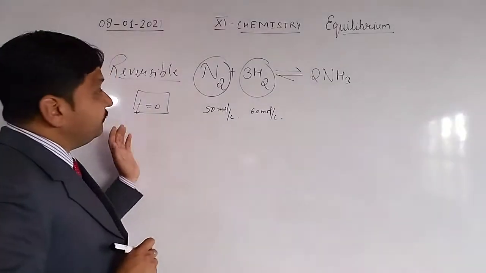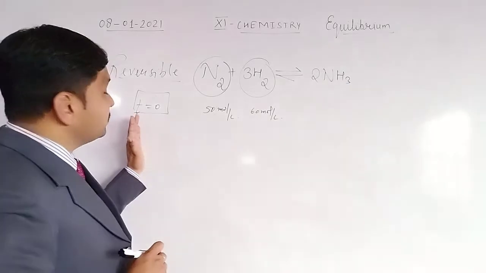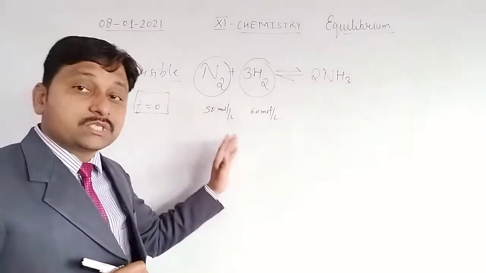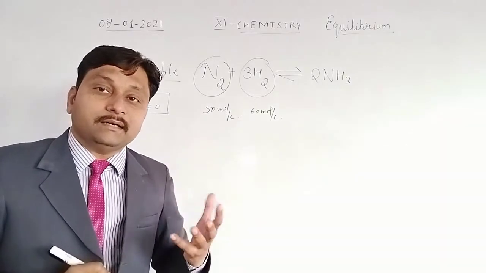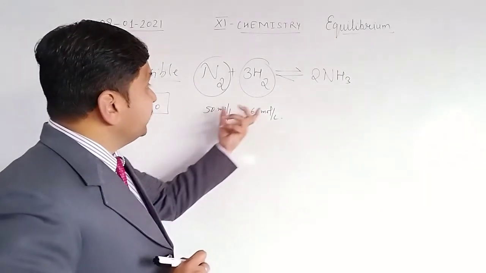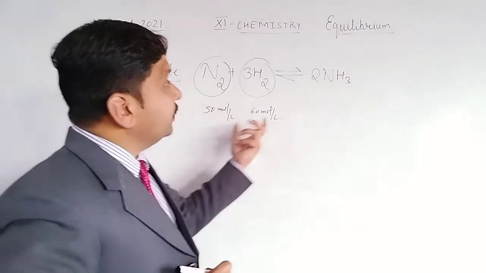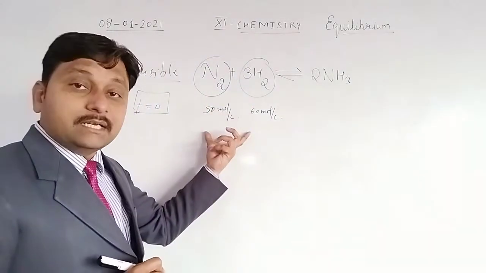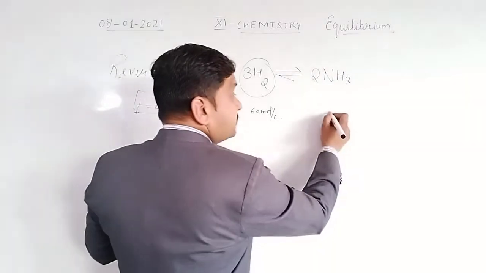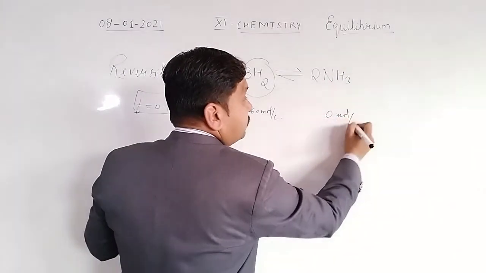But as the time increases from t is equal to 0.1 second to 0.2 second, after that 1 second, 1 minute, 1 hour, these two reactants will be consumed and they convert into the product. Means when the time is 0, only reactants are present and product will be 0. There is 0 mole per liter.